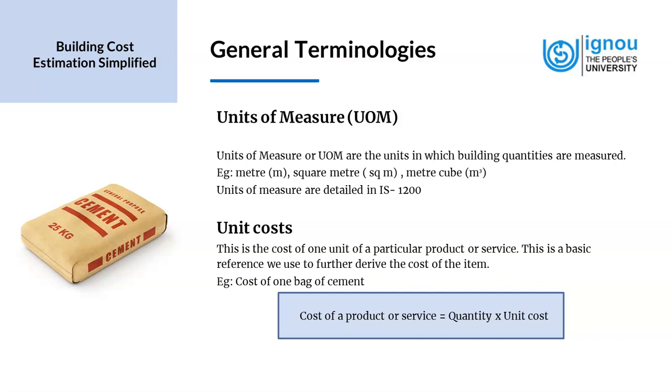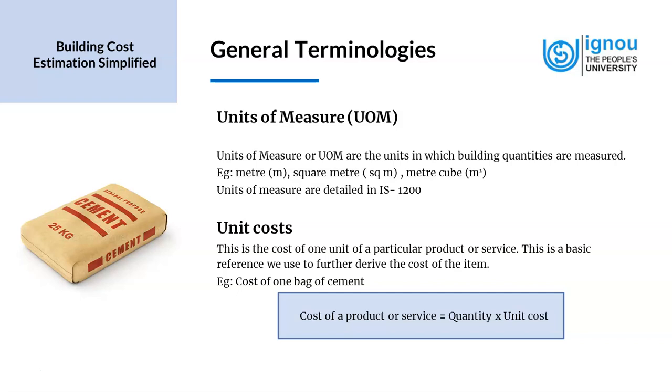This is a basic reference. The unit cost is a basic reference we use to further derive the cost of the item. For example, the unit cost for 1 bag of cement. We know that cement is used in mortar and it could be any ratio like 1:4:6. And we can use cement in concrete, and it depends upon the grade of concrete.